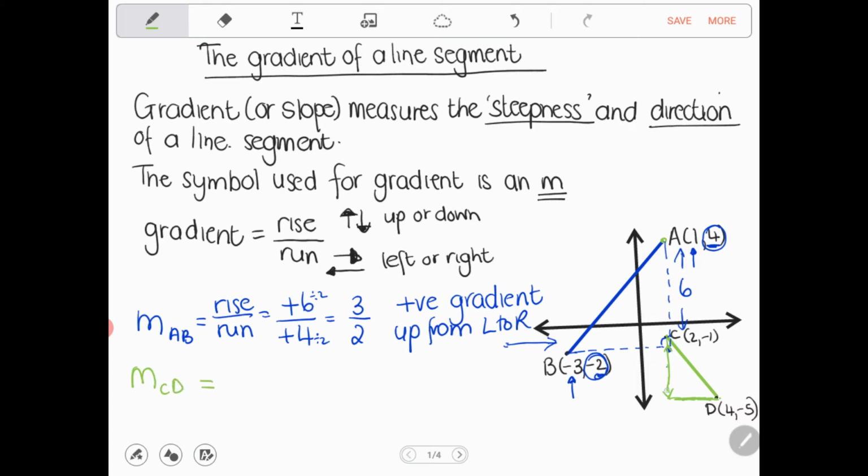Okay, what have I done here? Well, looking from left to right, my y's have gone from -1 to -5. So they've gone down 4. Okay, this is down 4, so we write -4 for the rise. It's a negative rise.